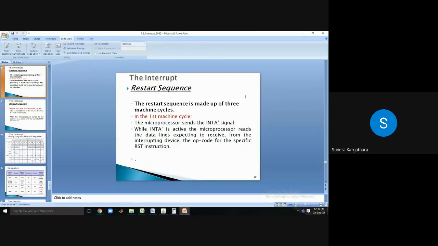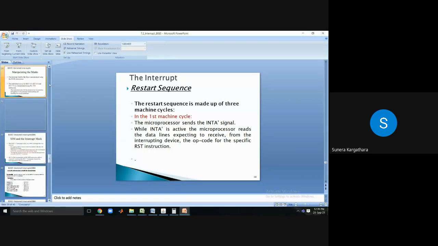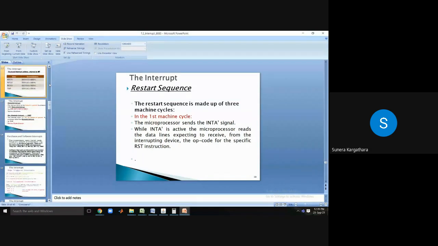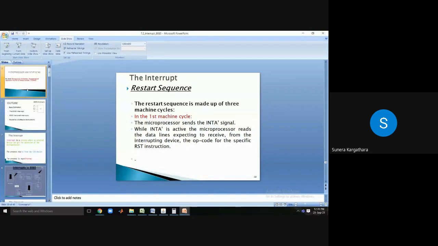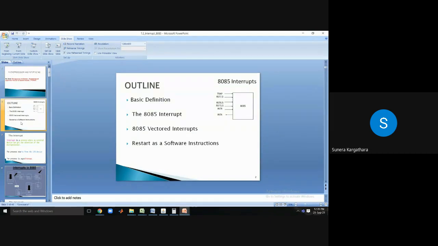If you want to conclude your interrupt chapter, what are the minimum things that must be known to you? As we discussed in the last lecture, and I am repeating, the basic definition and basic concepts: what is an ISR, what is an IVT, what is an interrupt. These things should be clear. For the 8085 interrupts, whenever we ask about interrupts, we write TRAP, RST 7.5, 6.5, 5.5 and INTR.